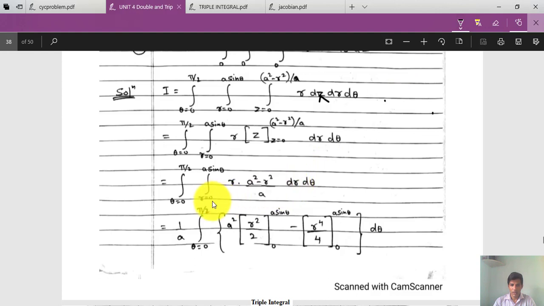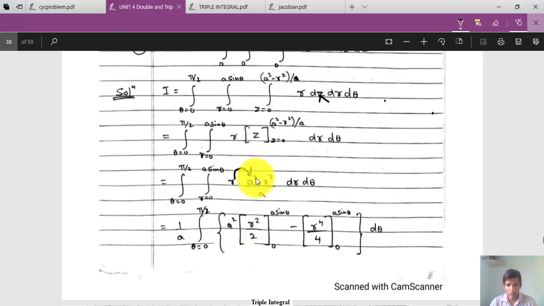Now dr d theta, now what I'll do is I will take dr. Therefore a square, minus r square, I will multiply over here.